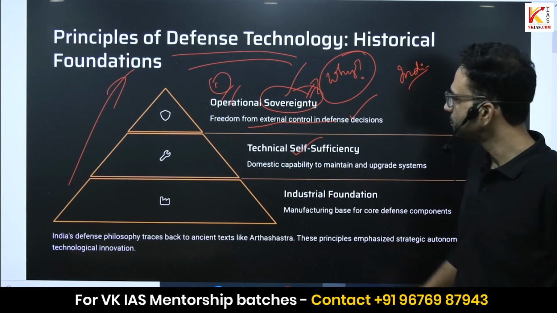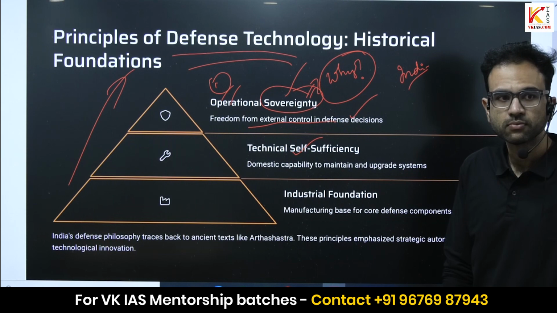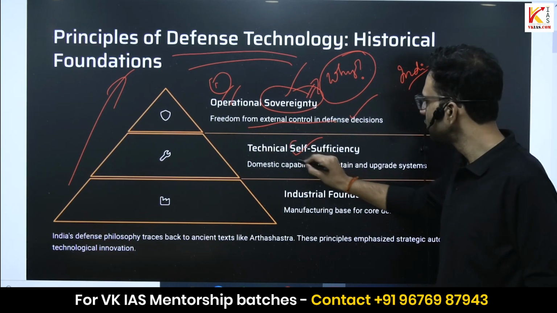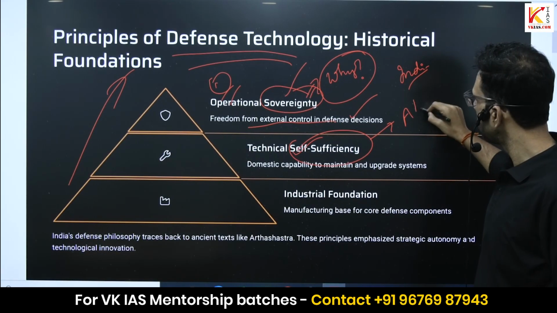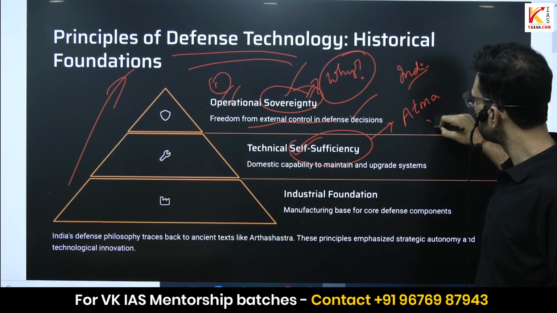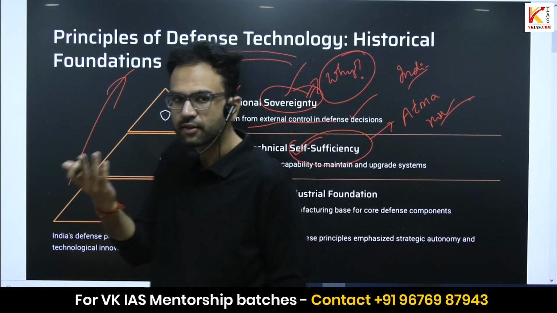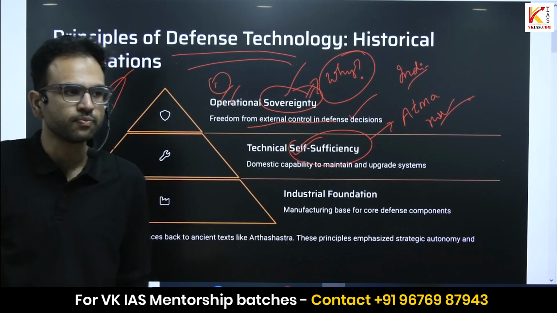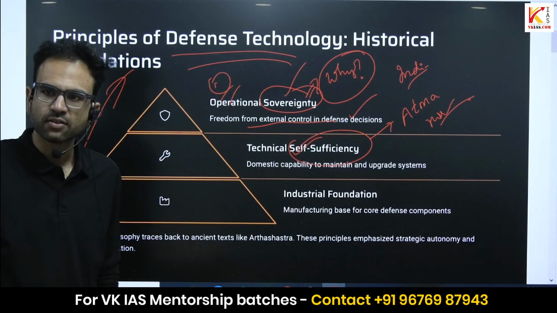Second aspect, technical self-sufficiency. What do you mean by this? What is self-sufficiency? What is the word that we are using? Atmanirbharta. Okay. What do you mean by self-sufficiency? Anyone? Exactly. We are not depending on anyone else.